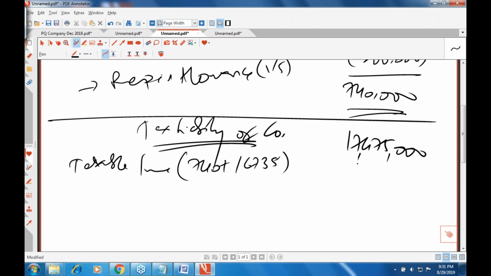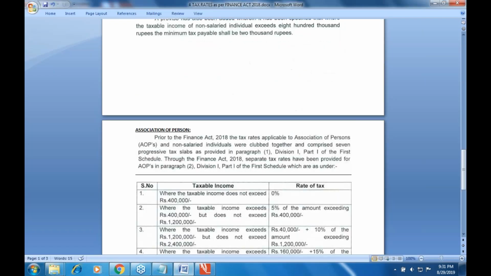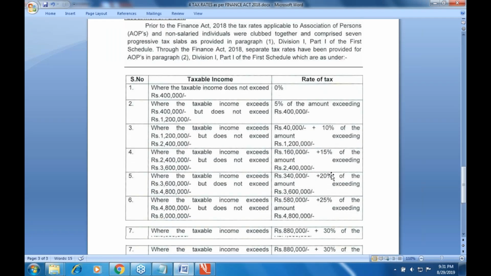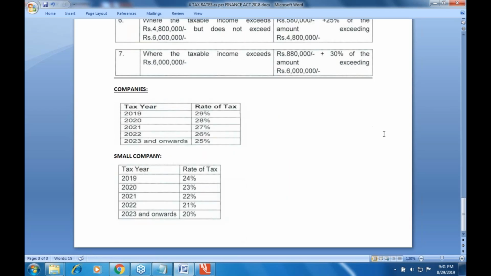Now, how do we establish the tax liability of a company? Remember, there are various tax rates, and the company is subject to a flat rate of tax. You could see here the flat rate of tax for the company: for the tax year 2019 it is 29%, and for the tax year 2018 it was actually 30%.